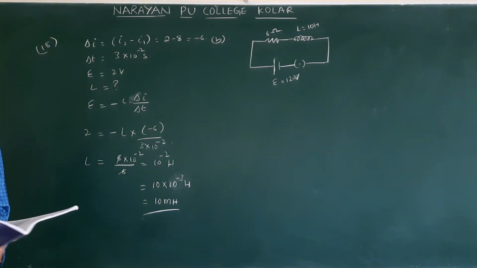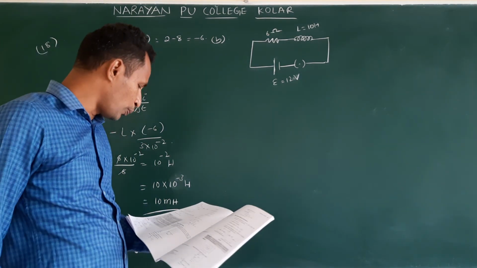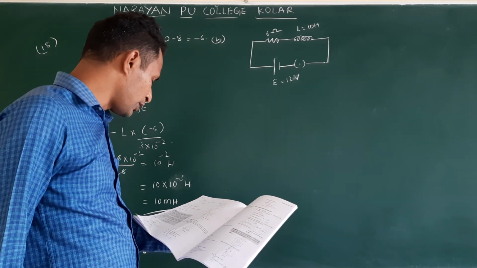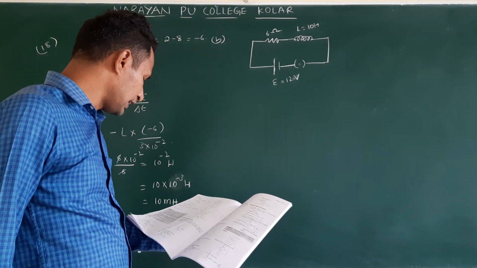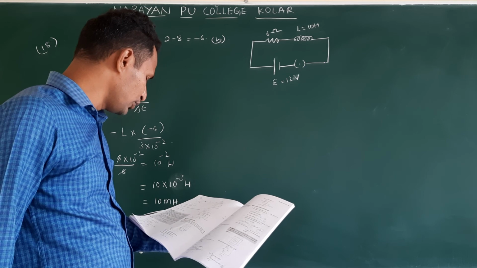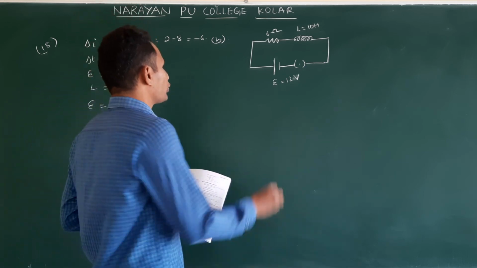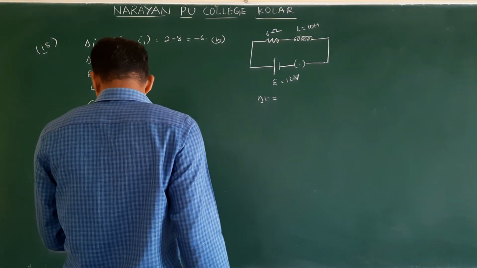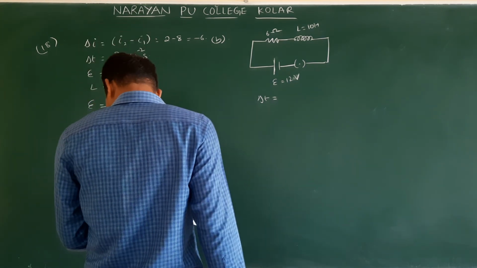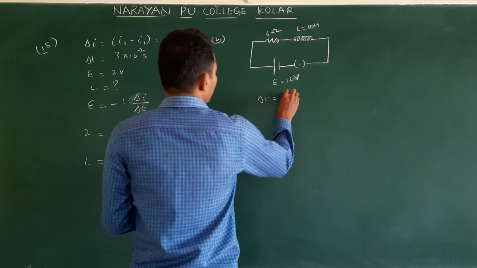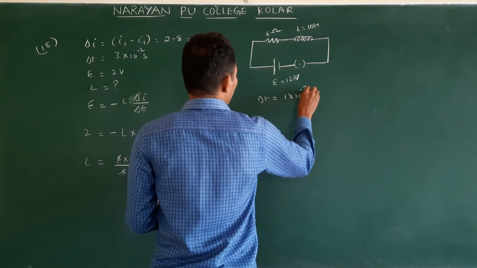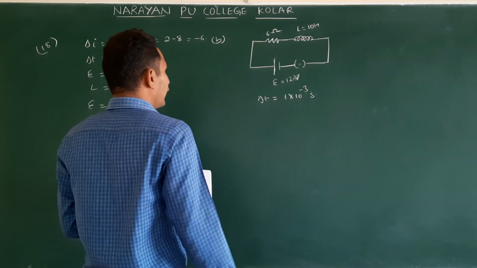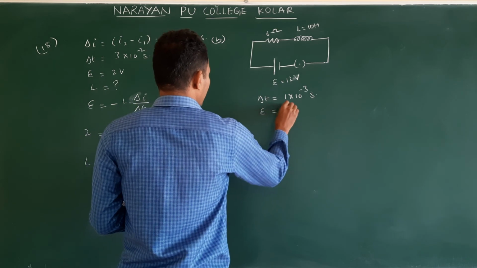Then the switch is suddenly opened. Assuming that it took 1 millisecond to open the switch, calculate the average EMF induced across the coil. So delta T, how many seconds it has taken? 1 millisecond, 1 into 10 power minus 3 second. What are they asking?